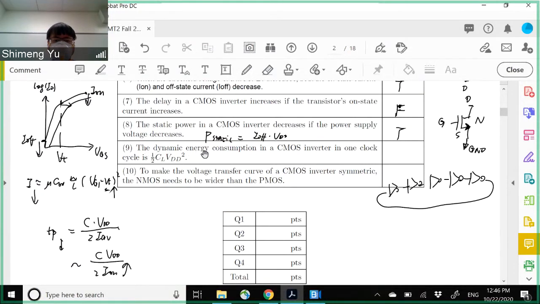And then dynamic energy, number 9, dynamic energy in a CMOS inverter in 1 clock cycle is half CL, the load capacitance, times VDD squared. So true or false? Dynamic energy in 1 clock cycle.